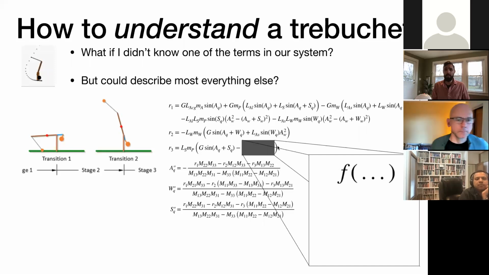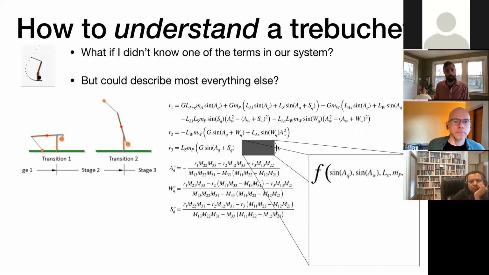And I could maybe guess at what inputs might be useful here. Maybe it's some of the angles. In this case, this is the equations of motion from stage 2 of our system here. And I'm blocking out some aspect of this. Well, if I'm in stage 2, probably the angles of the trebuchet arm are going to be important. That's the AQ and the AW.